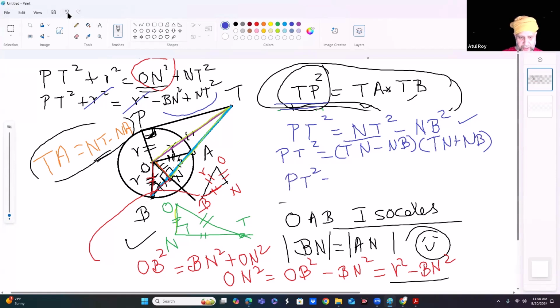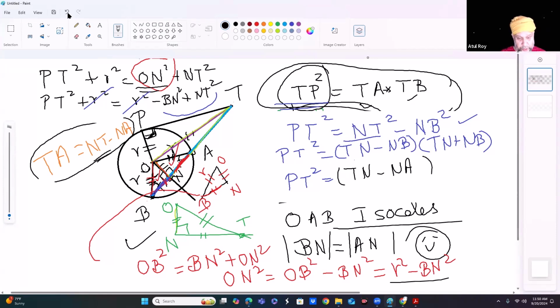Okay, so what do we get here? PT square equals, now if you look at TN minus NB, NB is this one, right? But NB and NA are the same. You can easily see that because this triangle and this triangle are congruent. So they are the same. So what we can write is TN minus NA.